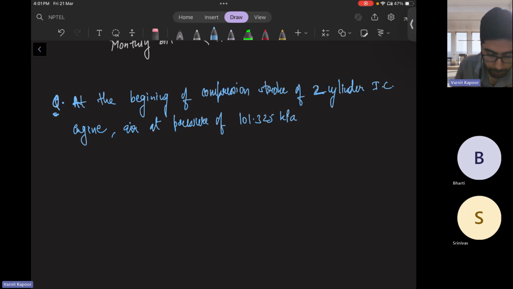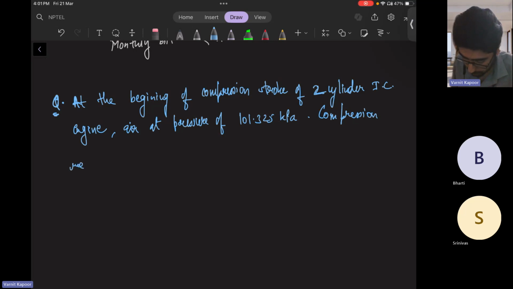Compression reduces the volume to 1/5 of the original volume.